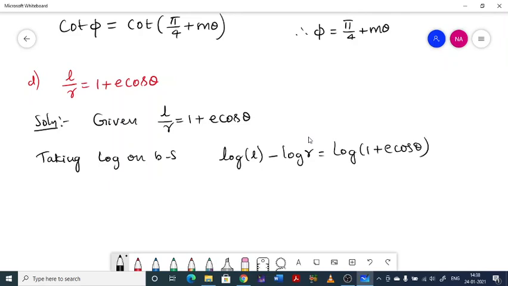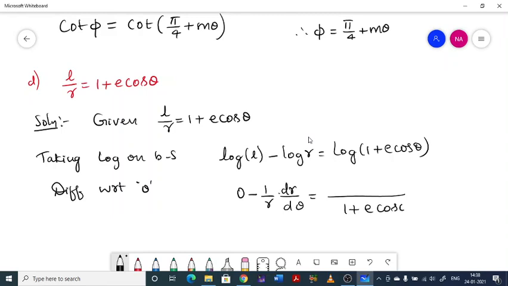And now differentiating with respect to theta, it will be 0 minus 1 by r into dr by d theta equal to denominator, it will be 1 plus e cos theta, numerator will be minus e sin theta.